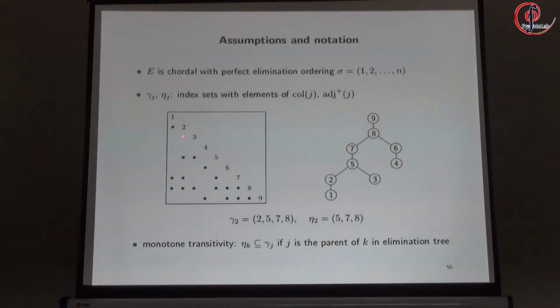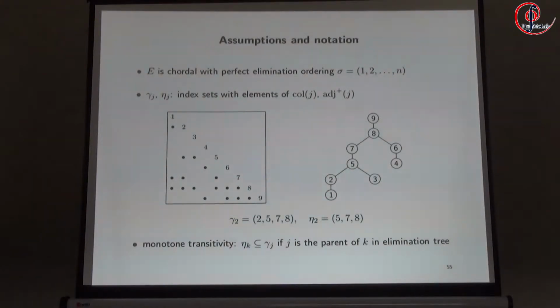Eta 2 is the same but without the leading 2. And then all the algorithms will be formulated in terms of an elimination tree. The elimination tree was defined from the pattern like this. Each vertex corresponds to a column or a row. The parent of a vertex is the row index of the first lower triangular element in that column.